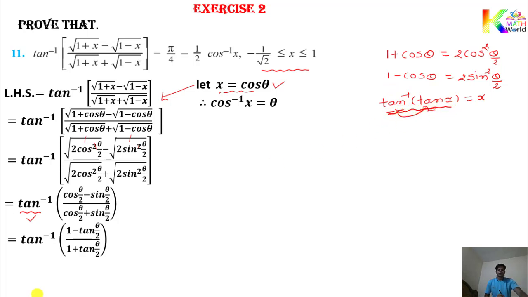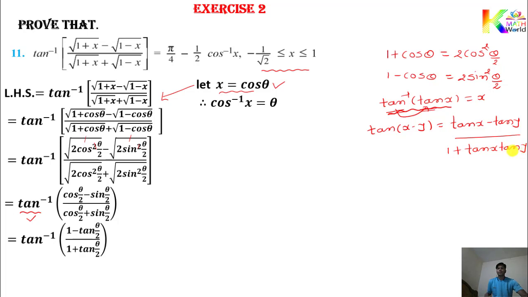To set up the formula, you have another formula like this, tan of x minus y. What is the formula for that? Tan x minus tan y over 1 plus tan x into tan y.